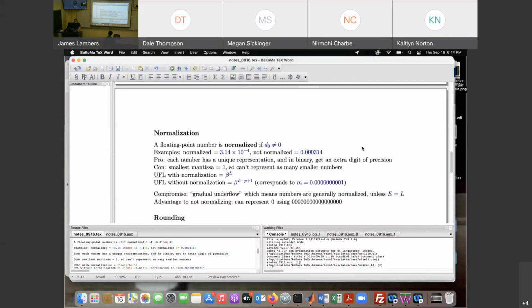Okay. Now, what I've been talking about with regard to underflow and overflow is mainly about the exponents. Not entirely, because the precision does play a role, but it's mainly the range of exponents that determines what numbers are too large or too small to be represented.